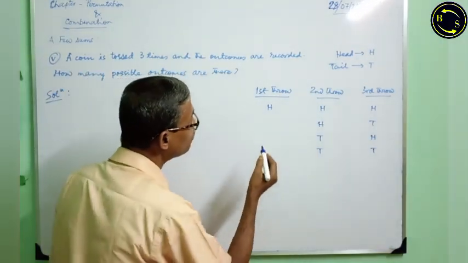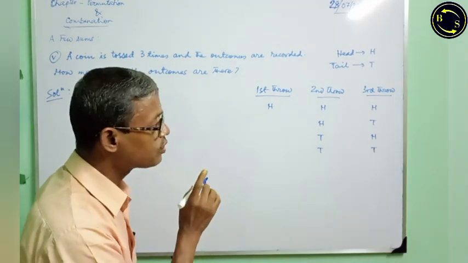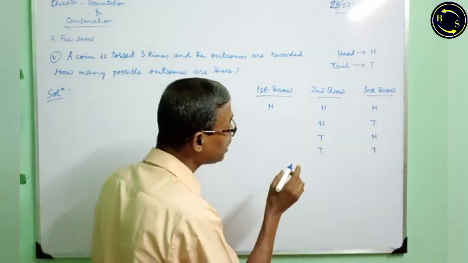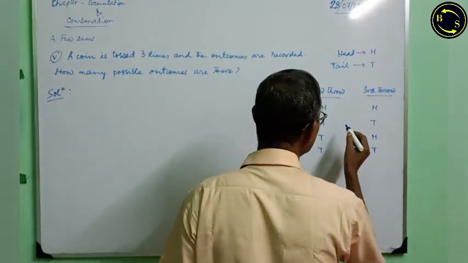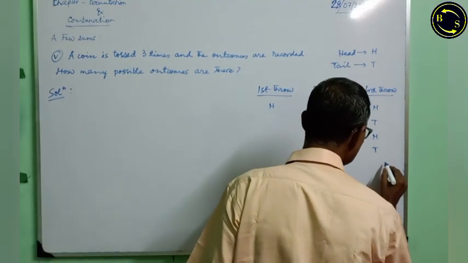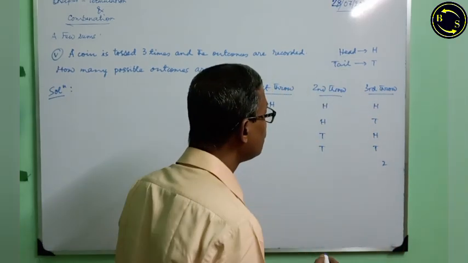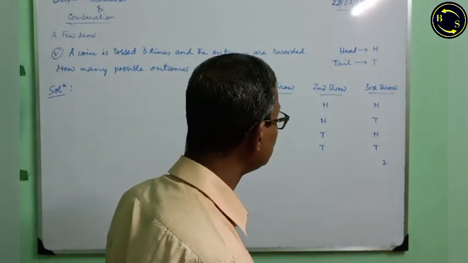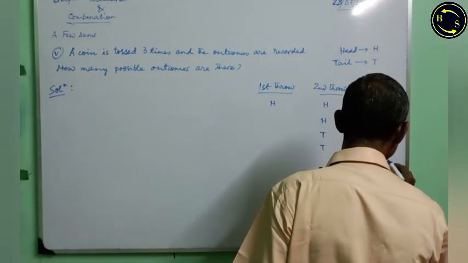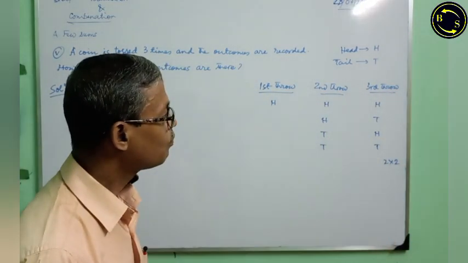Therefore, for one outcome in the first row, we are getting totally 2 into 2, 4.